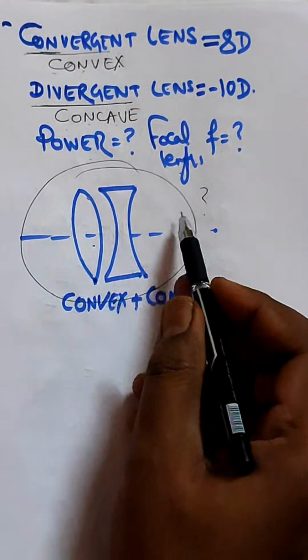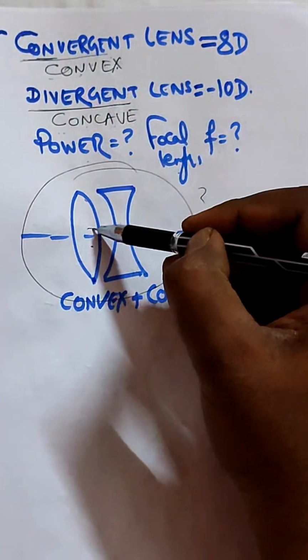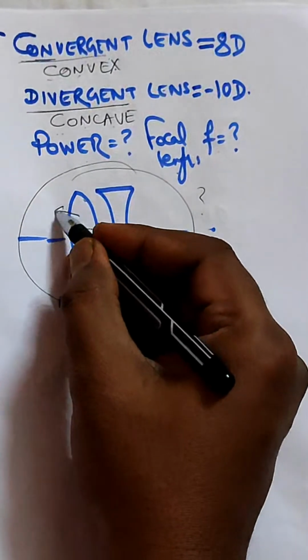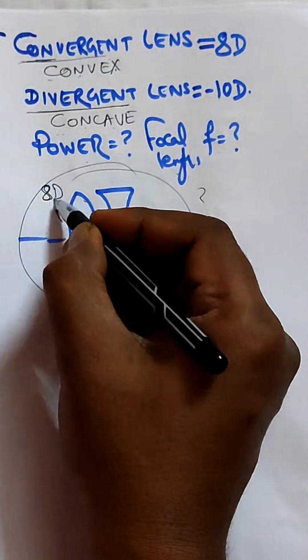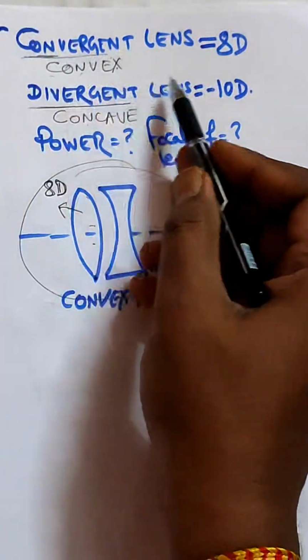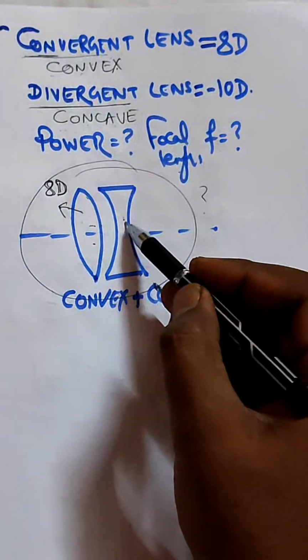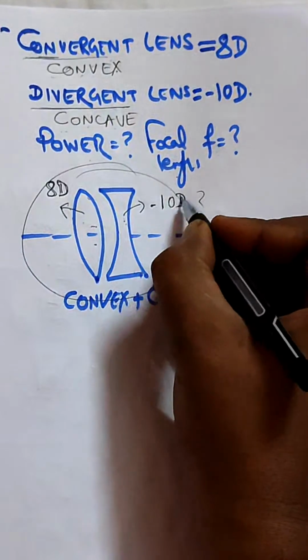Here we know the power of the convergent lens, that is the convex lens, is given as 8D, that means 8 diopter. And for the second one, the divergent lens, the concave lens, it's minus 10 diopter.